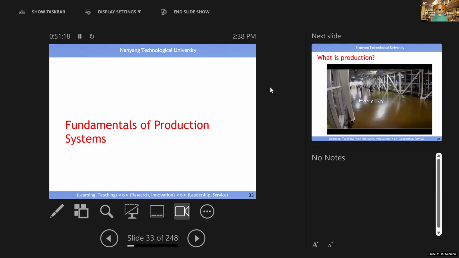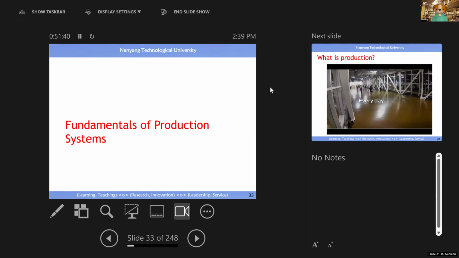Then you can keep this question in mind about how to produce a key component. Later on, we will see all these typical manufacturing processes which allow you to produce all these key components. These key components are needed for you to do final assembly, right?